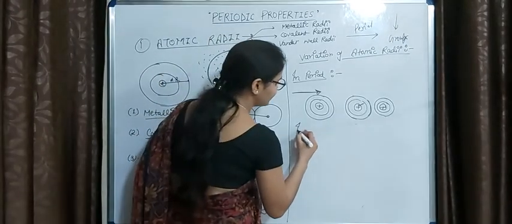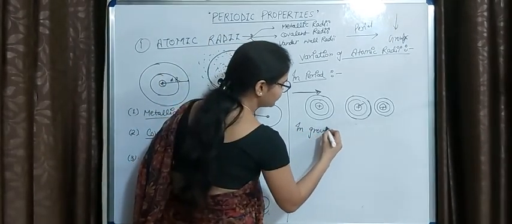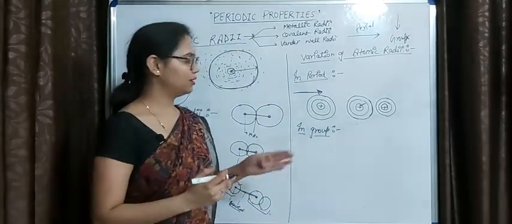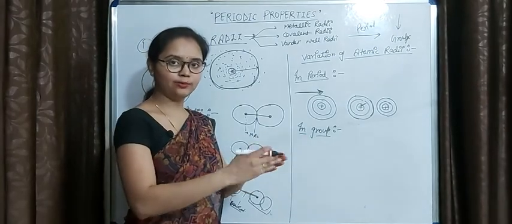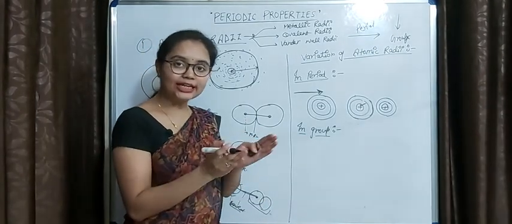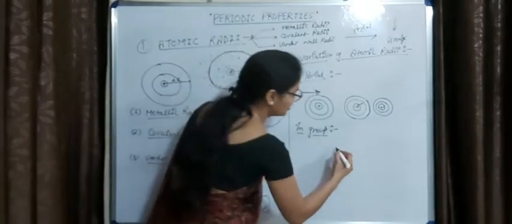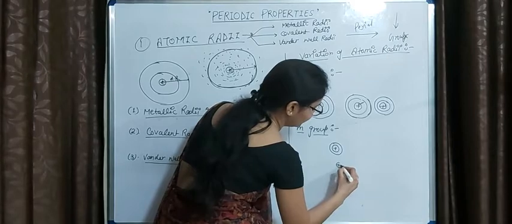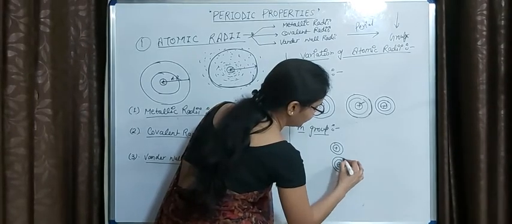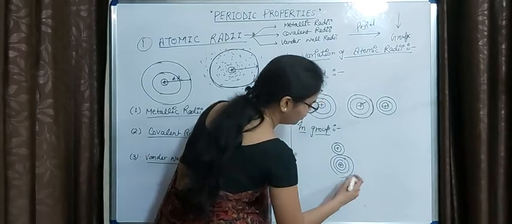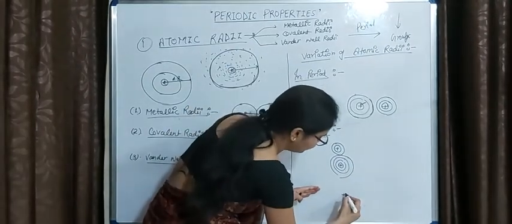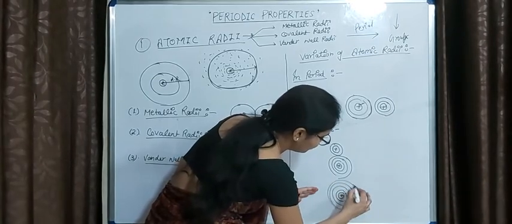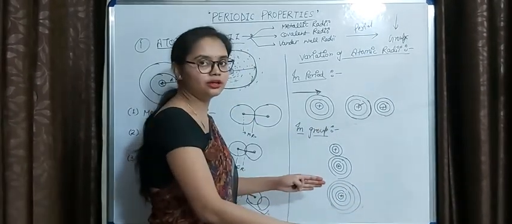Now we'll talk about groups. As we know, while going down a group from one atom to the other, there is an addition of a new orbit. Suppose this is the first element, then this will be the second element with a new orbit, then this is the next element with another new orbit.